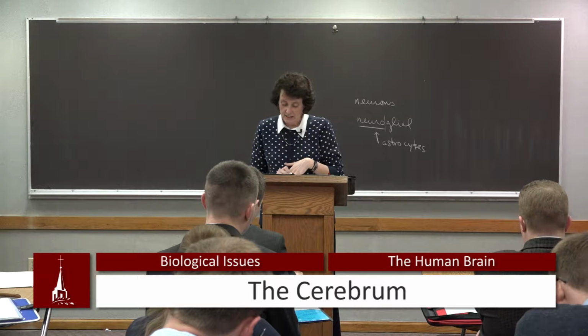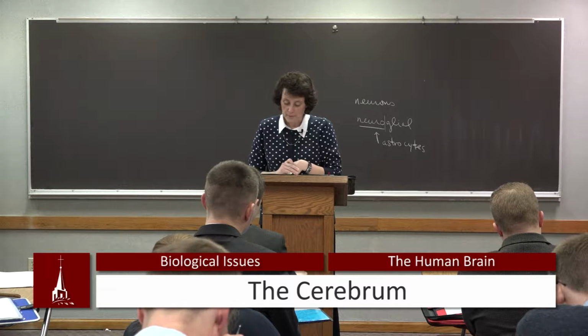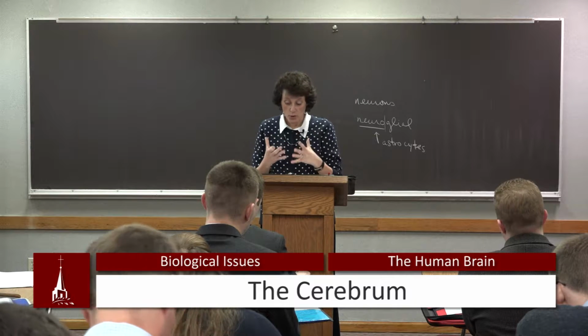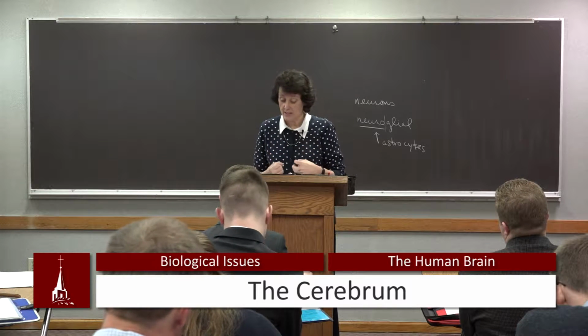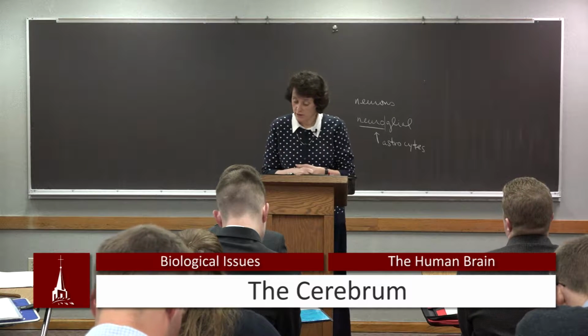Then the last thing with the cerebrum. The cerebrum, of course, is made up of its cortex, where all the gray matter is. The cerebrum is divided into two mirror image hemispheres.